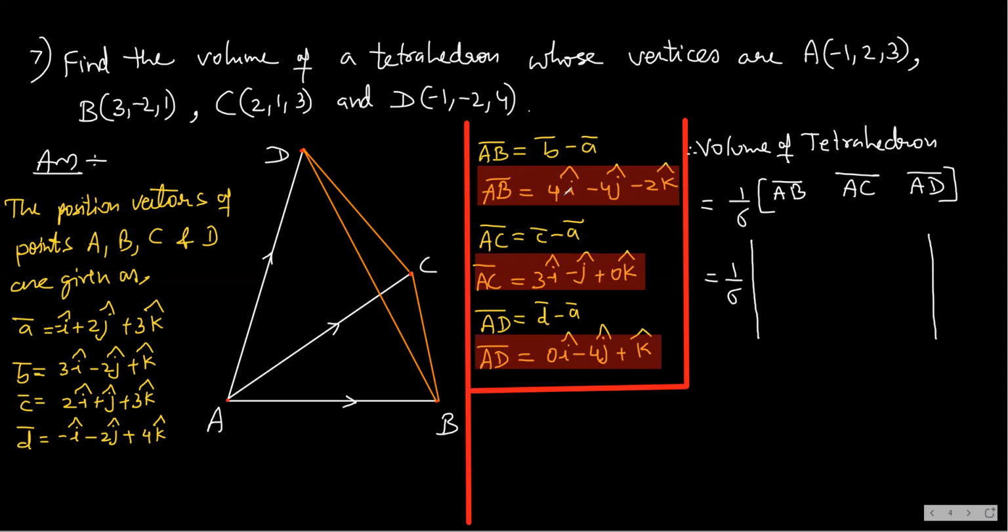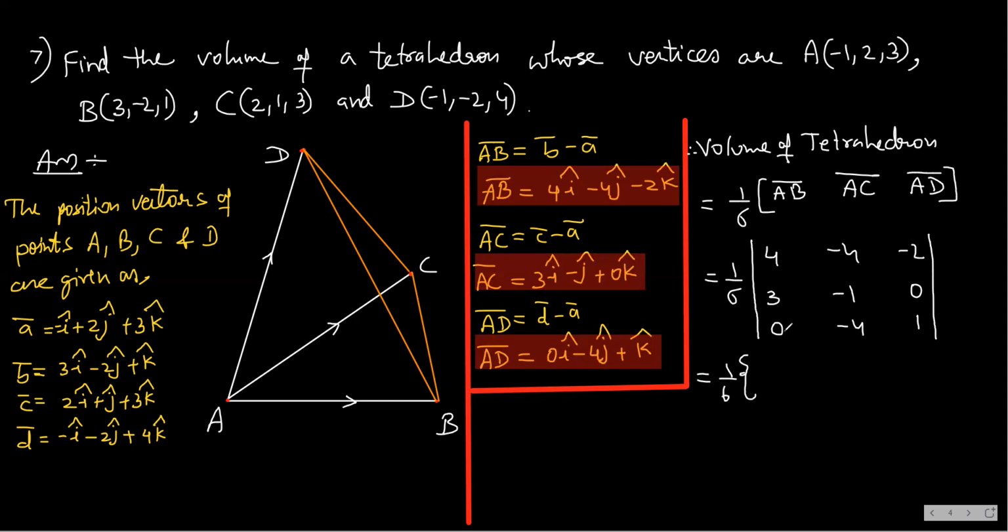So AB bar is 4I cap minus 4J cap minus 2K cap. So you'll write 4, minus 4, minus 2. And for AC bar, you will write 3, minus 1, 0. And for AD bar, you will write 0, minus 4, and 1. You'll calculate this, 1 upon 6.